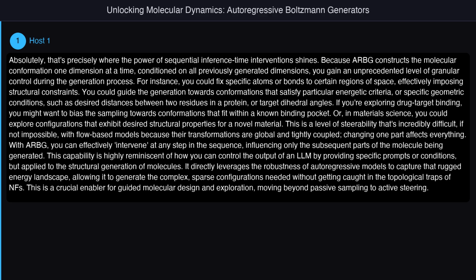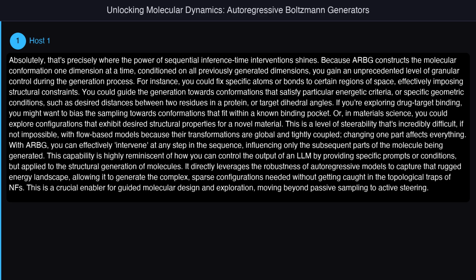Absolutely. That's precisely where the power of sequential inference time interventions shines. Because ARBG constructs the molecular conformation one dimension at a time, conditioned on all previously generated dimensions, you gain an unprecedented level of granular control during the generation process. For instance, you could fix specific atoms or bonds to certain regions of space, effectively imposing structural constraints.